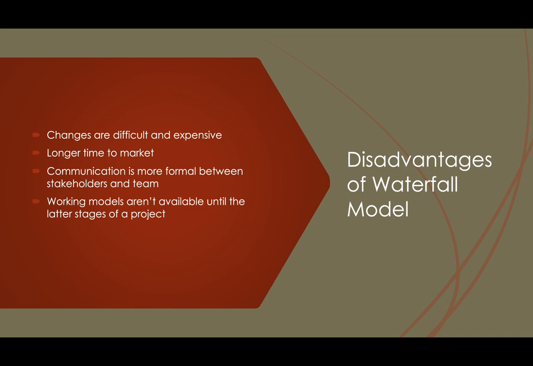So until the later stage of the project, until all the tasks are completed, a workable model will not be visible to the business users or the stakeholders. Whereas in the agile methodology, at the end of every iteration there will be reviews in which the workable model is presented in front of the stakeholders, and they can provide feedback on the basis of that. So those are some of the disadvantages of the waterfall model.